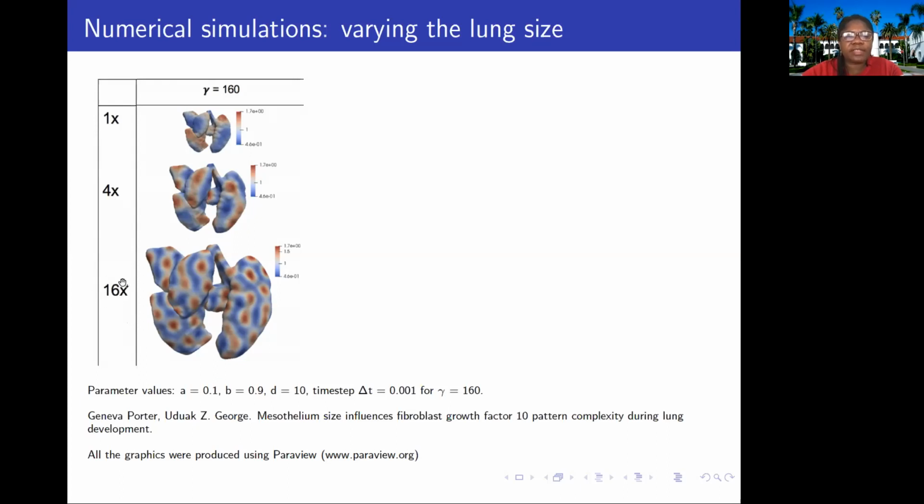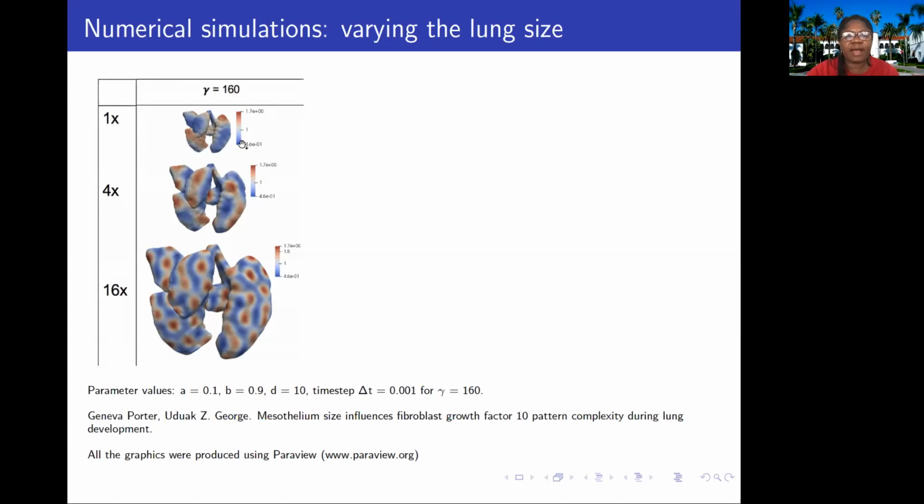Now we increased the size of the lung to 16 times. And then we find that the complexity of the pattern increases as we increase the size of the geometry. In other words, when you look at the reaction of the inhibitors and fibroblast growth factor, what the model is telling us is that as the lung begins to grow in size, the dynamics between the FGF10 and inhibitors will result in this complexity in the patterning.